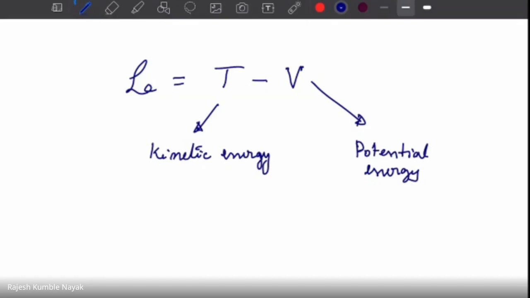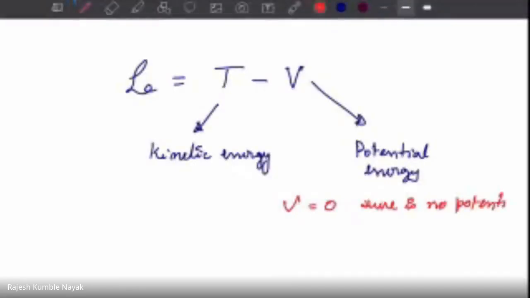Now, we are going to assume that the potential energy is zero. So there is no potential. It means that there is no force acting on the particle. It looks like that, but you know, the mechanics is based on generalized coordinates, so it is very difficult to say whether there is a force acting or not acting. It's fairly involved at that stage.